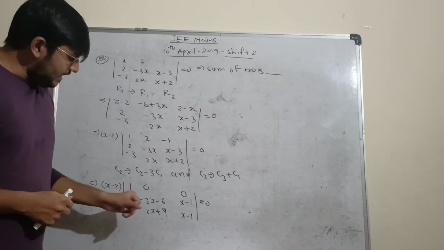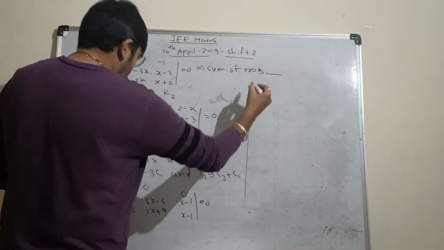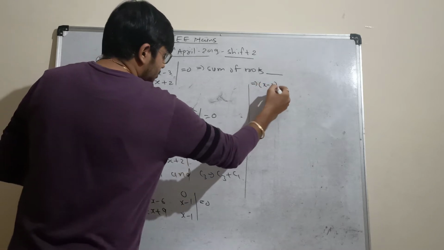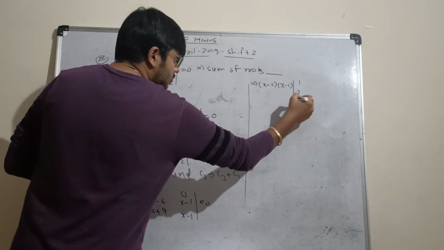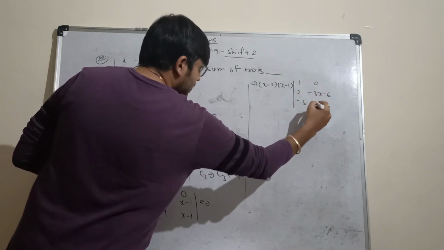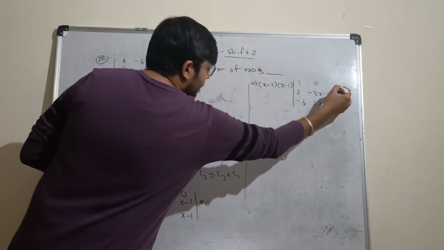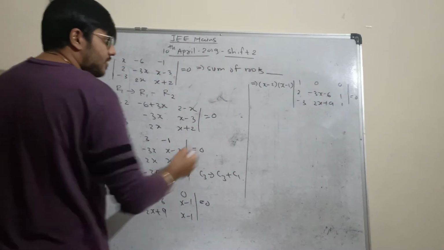Yes, we can take x minus 1 common from the third column. So now it will be x minus 2 and x minus 1 with 1, 2, minus 3; 0, minus 3x minus 6, 2x plus 9; and 0, 1, 1 equals 0. And now let us expand from the first row.